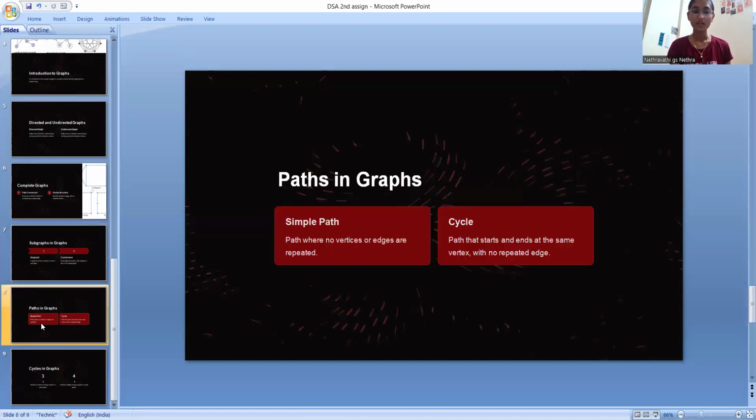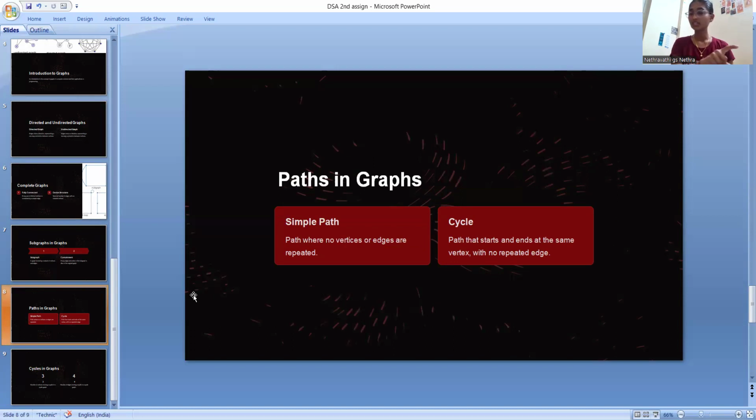And for paths in a graph, we have two kinds: a simple path and a cycle. A simple path is a path where no vertices or edges are repeated. A cycle is a path that starts and ends at the same vertex with no repeated edges.